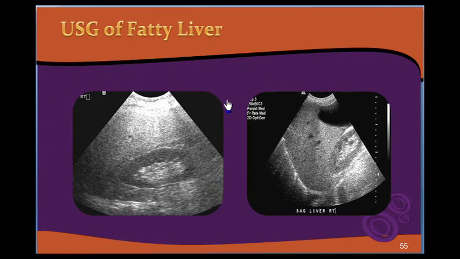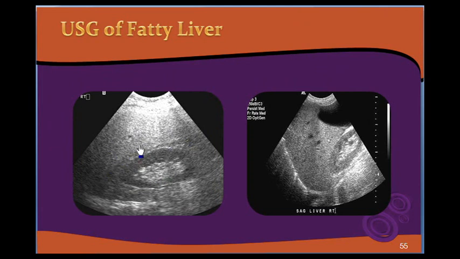Look here, the picture on the left hand side, very deep hyperechoic white liver compared to the normal liver. The density of this is much greater than the density of the renal parenchyma. This is the renal parenchyma here, and this is the liver, and of course, this is the renal medulla, and the density of the liver is very much increased.